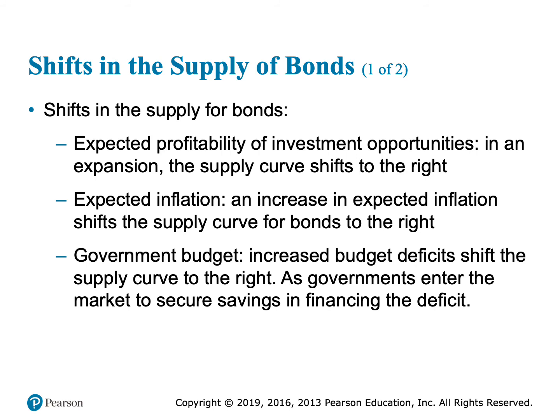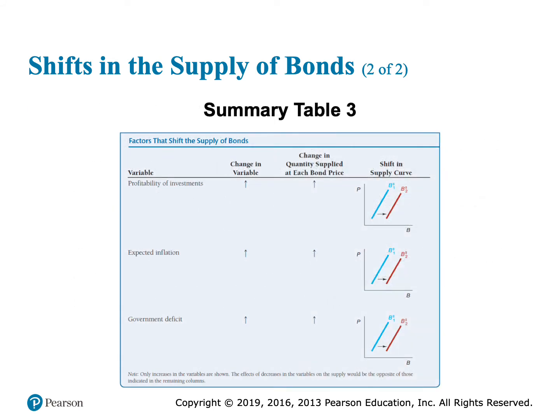Here we have a nice reduced summary table for the shifts in bond supply: profitability changes causing an increase in supply, expected inflation causing an increase in supply, and of course, governments entering the market to sell bonds as well creates an increase in supply.